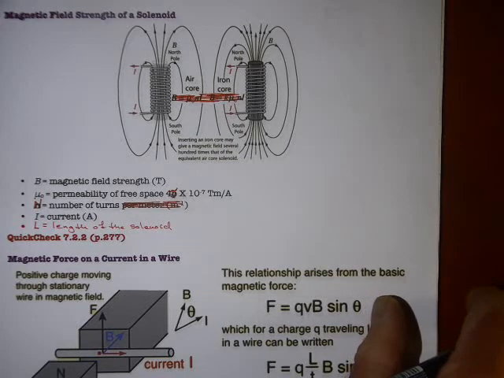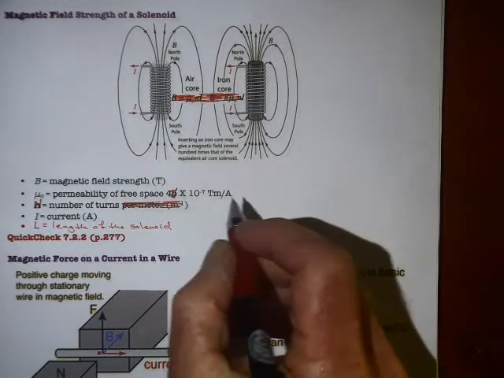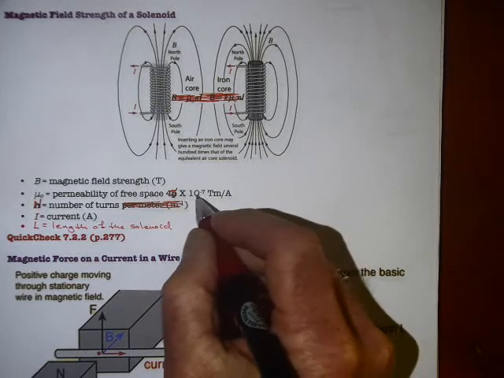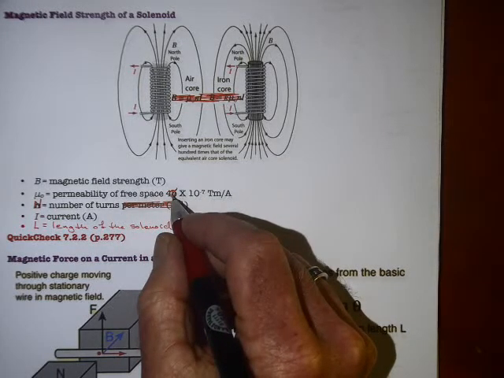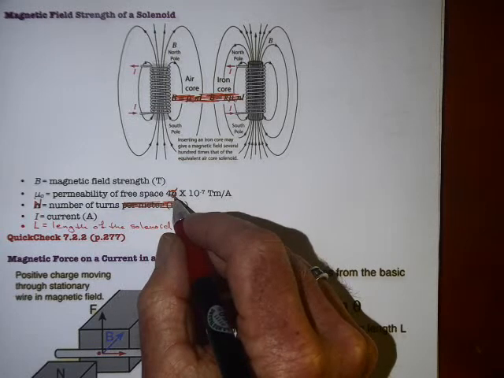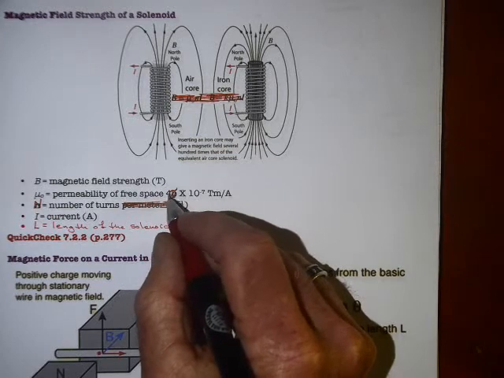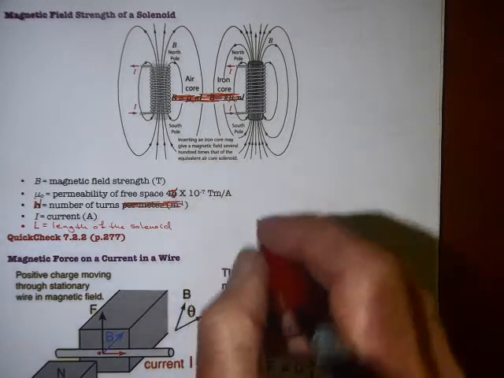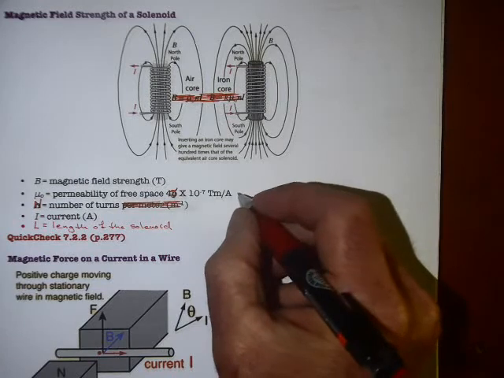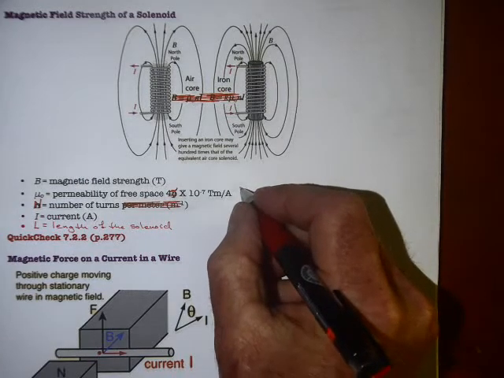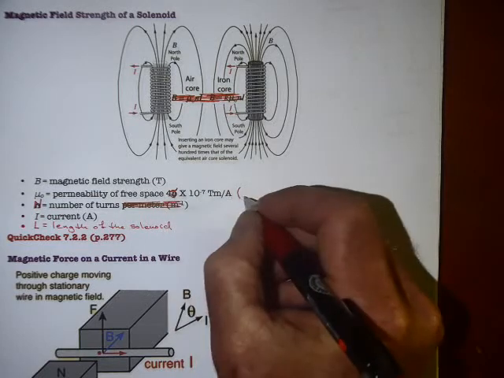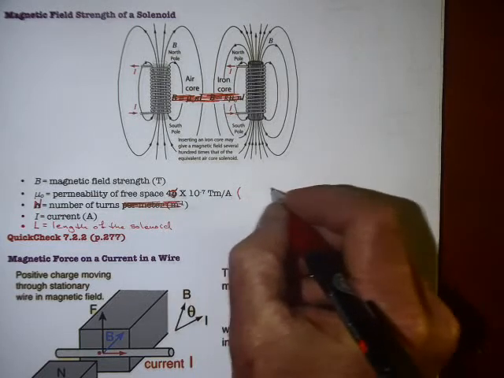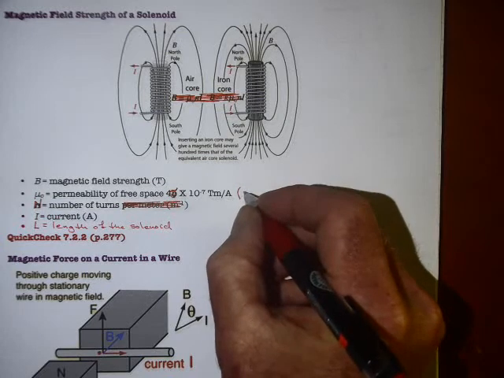One of the things that I don't like is that every time I use this permeability of free space constant, I have to multiply 4 times pi. So in my own mind, I did a quick calculation to cut one corner every time: do the multiplication and enter this value on my card.